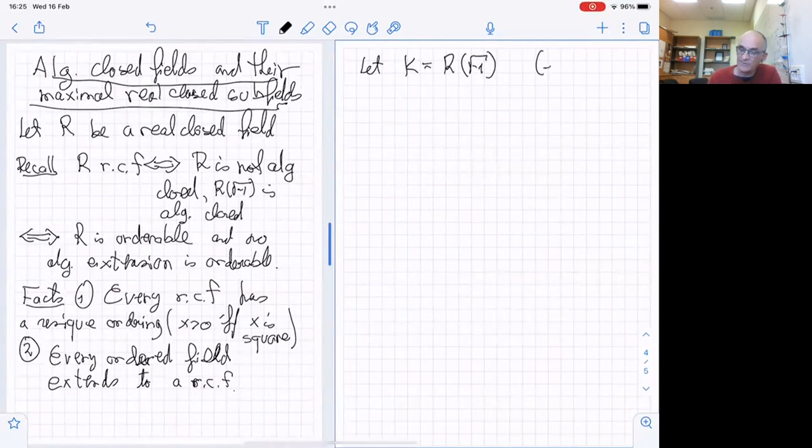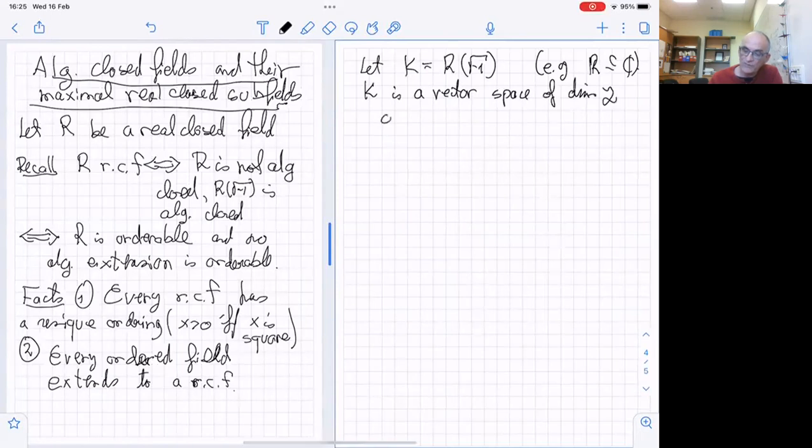And of course, the example is R inside C. And K is a vector space of dimension 2 over R.